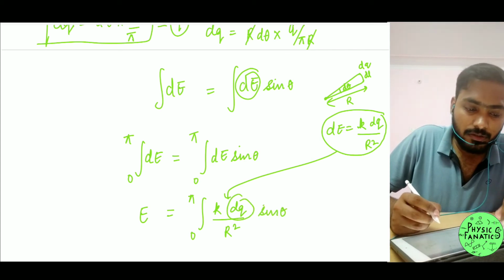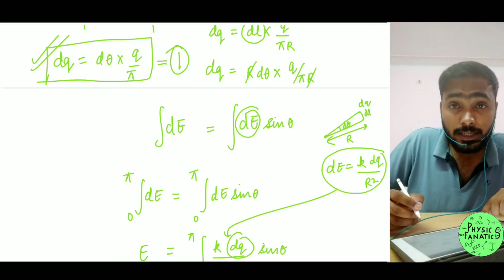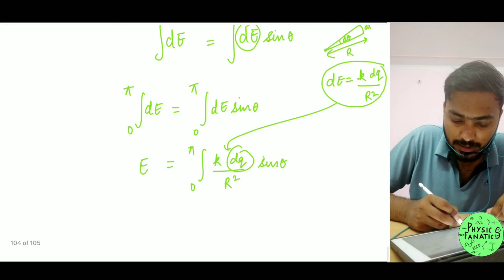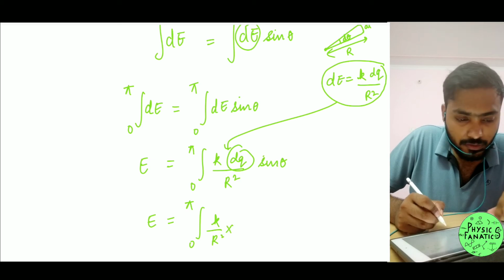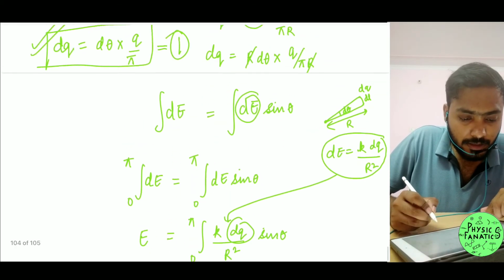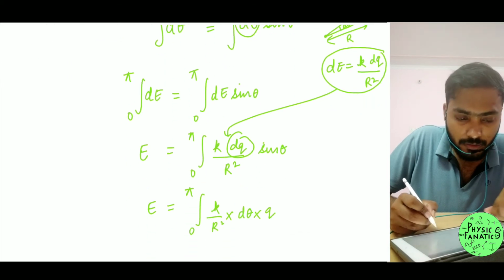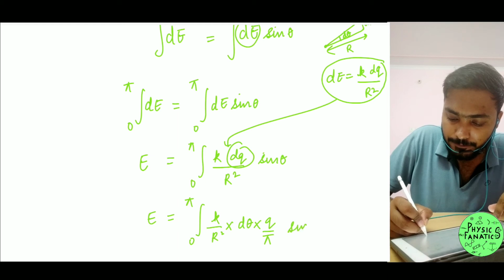I know the value of dq, which is also given here: d theta into q upon pi. So E is equal to the integral from 0 to pi of k upon r square into d theta, multiplied by q upon pi, and this is sine theta.